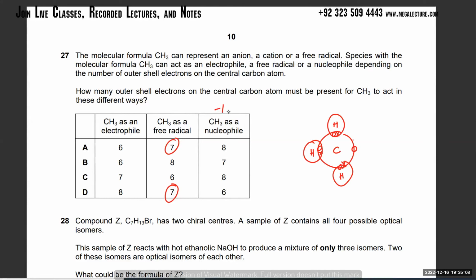So how do you make it negatively charged? Add another electron, now it's going to become CH3 minus 1, right? So this CH3 will actually act as a nucleophile because it's going to have these extra electrons, 2 pairs of electrons that it can donate to someone. Is that clear?